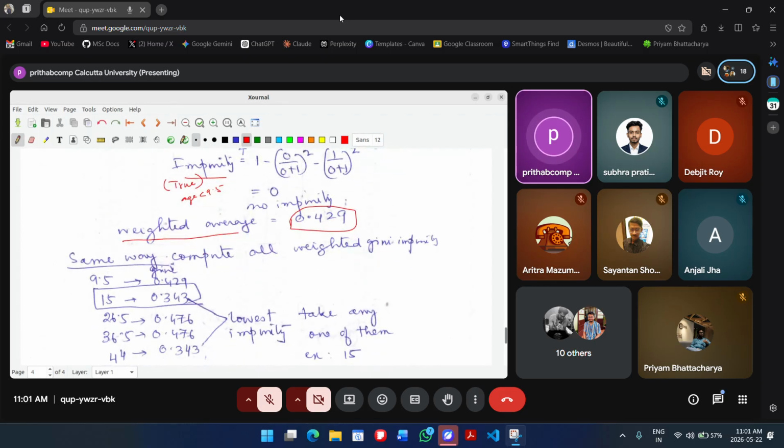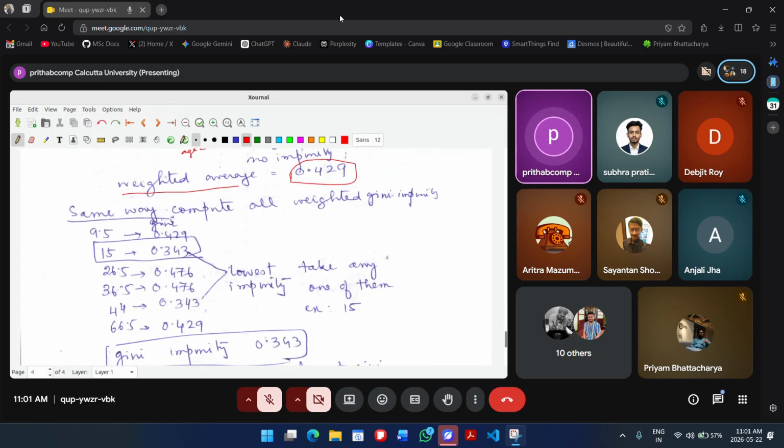Okay, now same way we have to compute all the weighted Gini impurities. So for 9.5 we have got this 0.429. Then for 15, if I do age less than 15 and draw the tree like that, then I'll be getting this. Same way you can compute for all of them.